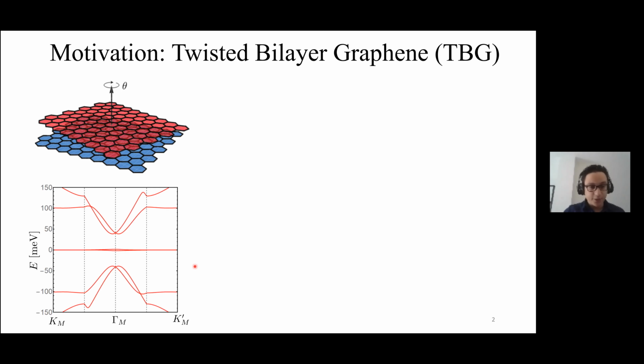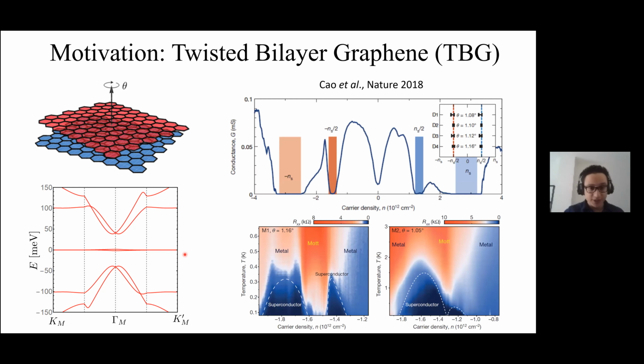And this is indeed what was seen in a remarkable experimental result by Pablo's group at MIT, where they considered the conductance of twisted bilayer graphene as a function of the filling of the flat band. Here they found two insulating dips, but these are in a sense relatively boring insulators. They can be understood within simple band structure, just because this flat band is separated by a finite gap from the remote bands.